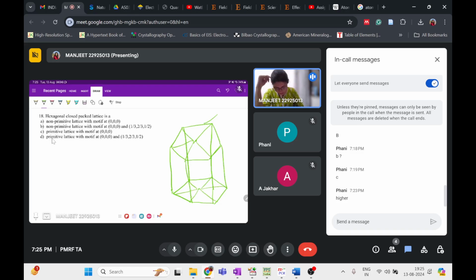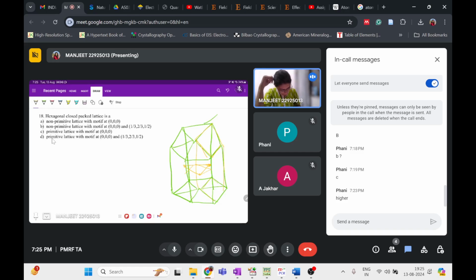So if I'm considering this one, we have three atoms present here, and two here, and one here. So this is one primitive lattice.